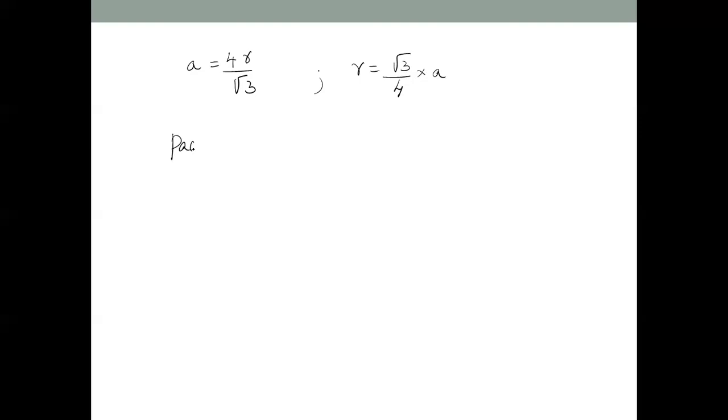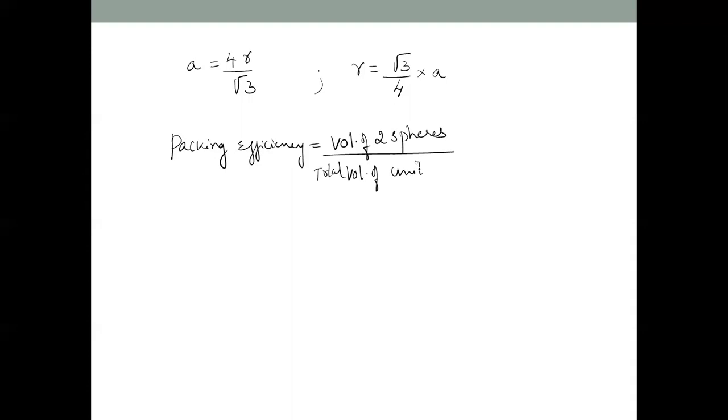Now we know the packing efficiency formula already. Packing efficiency is equal to the volume of two spheres, because two atoms are present per unit cell in BCC, in body centered cubic lattice, so volume occupied by two spheres by total volume of unit cell into 100.